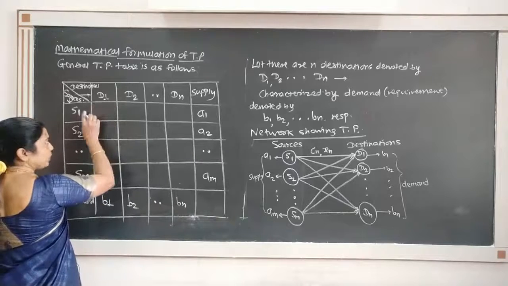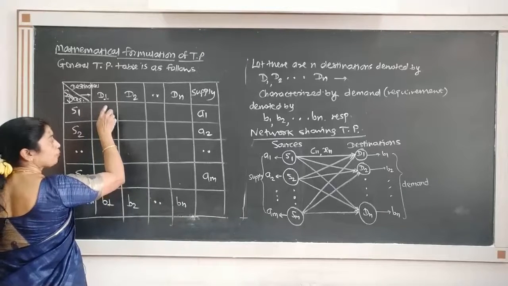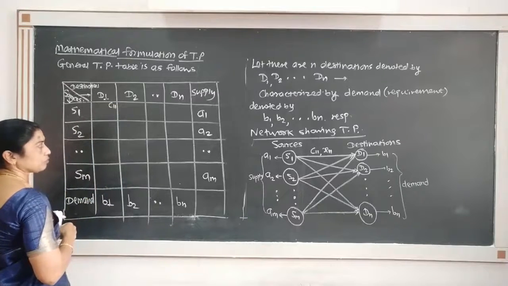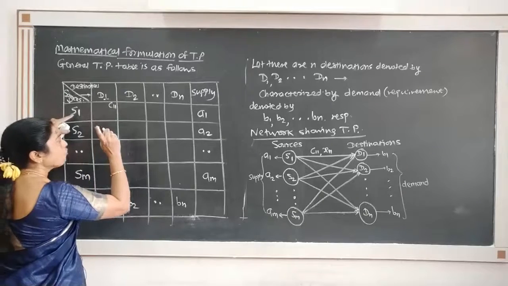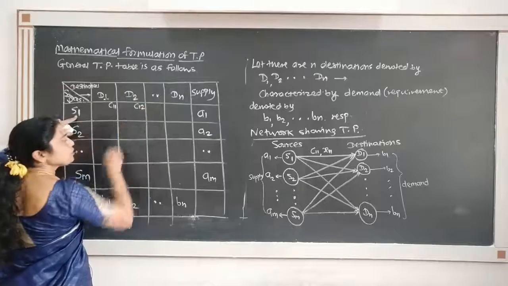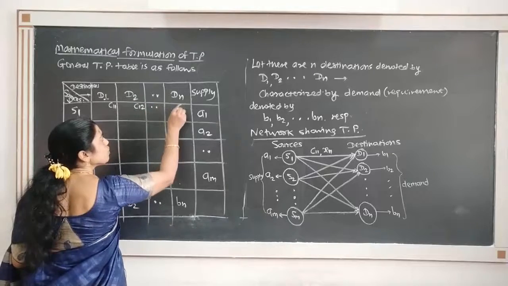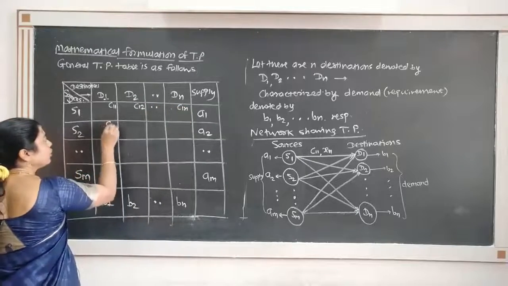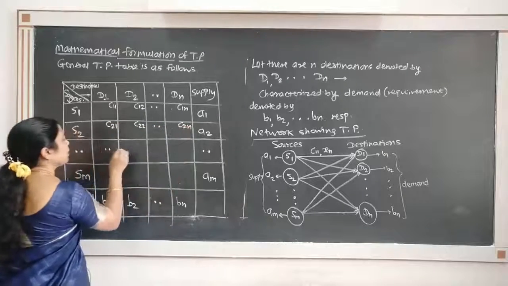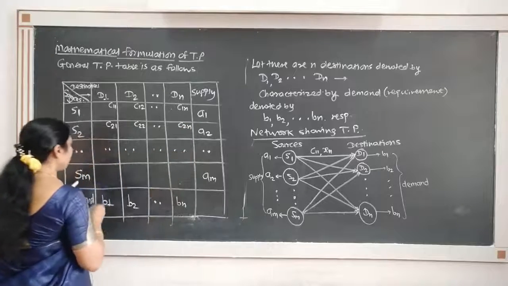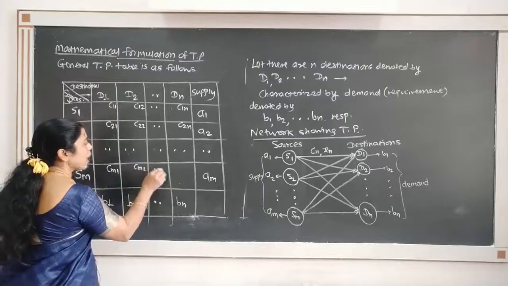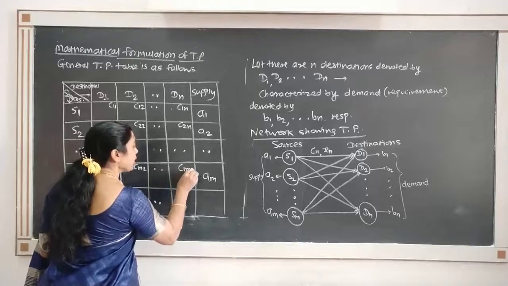The cost of shipping 1 unit of product from S1 to D1 is denoted by C11. The cost of shipping 1 unit of product from source S1 to D2 is denoted by C12, and so on. So this will be C1n. Continue in that manner. It gives us the total transportation table. Here it will be Cm1, Cm2, and so on, Cmn.